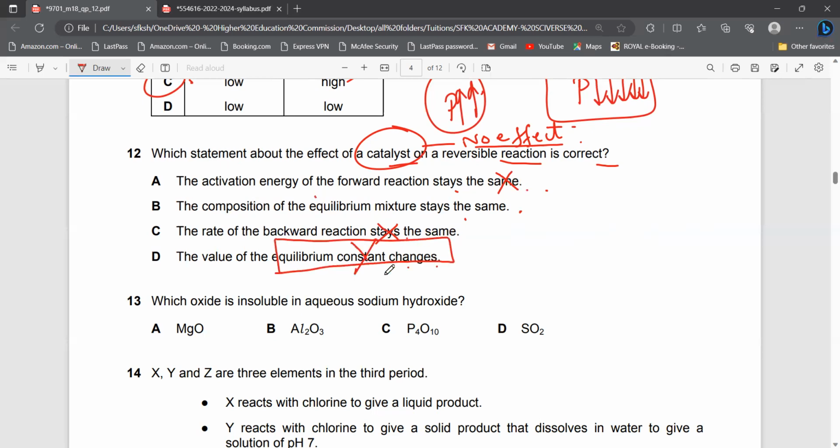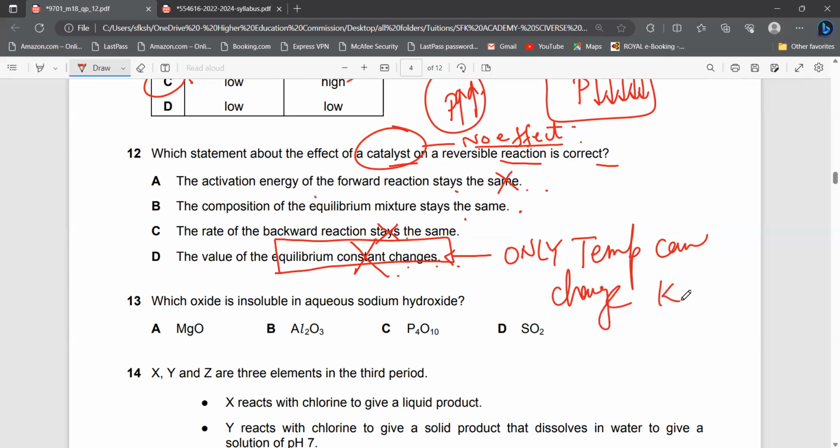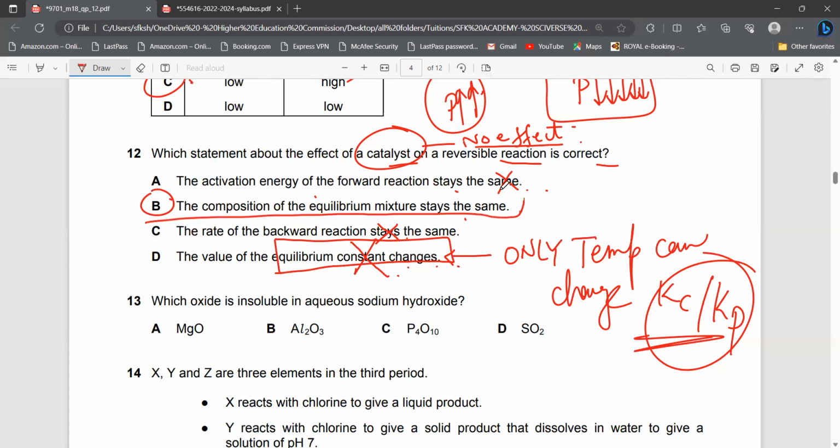The equilibrium constant is never affected by the catalyst. It is only affected by temperature. Remember that, okay? Only temperature can change K, Kc or Kp, but a catalyst or any of those other things do not have any impact on it. So only option B is correct.